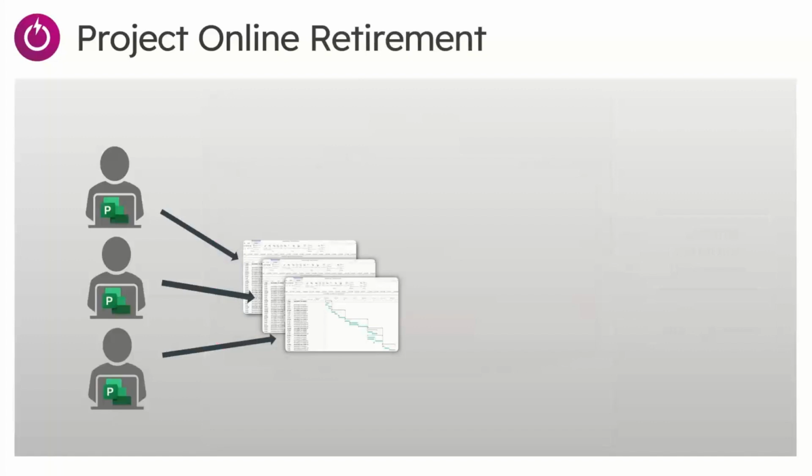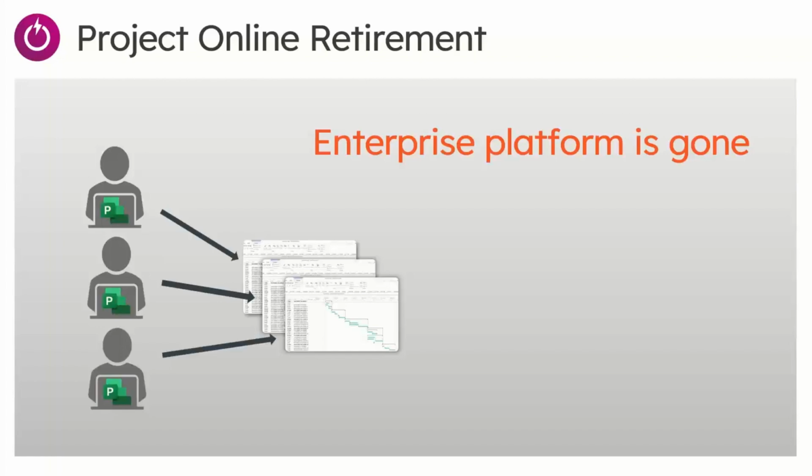Now, with the imminent prospect of Project Online retirement in September 2026, all of that enterprise context is lost. That enterprise platform is gone, and that leaves certain challenges for anyone who wishes to continue with Microsoft Project as a scheduling tool.